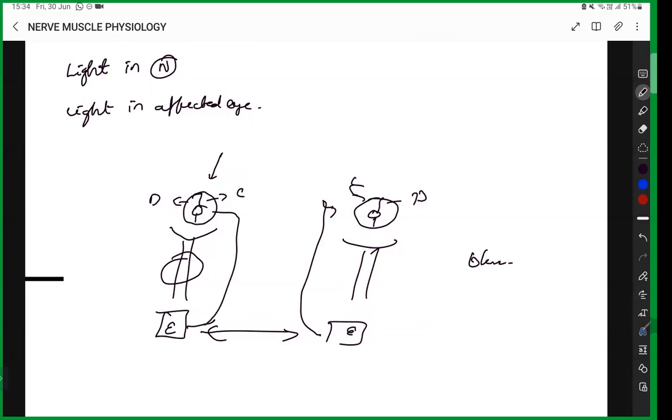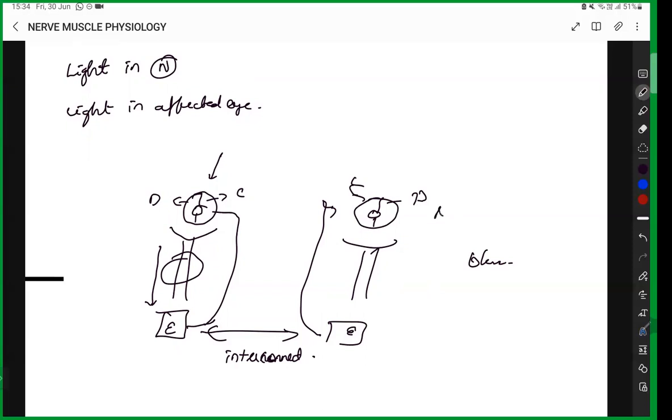Remember, both Edinger-Westphal nuclei are interconnected. Therefore, when light transmits an impulse to the Edinger-Westphal nucleus through your optic nerve, it stimulates not only the same eye but also the opposite eye.